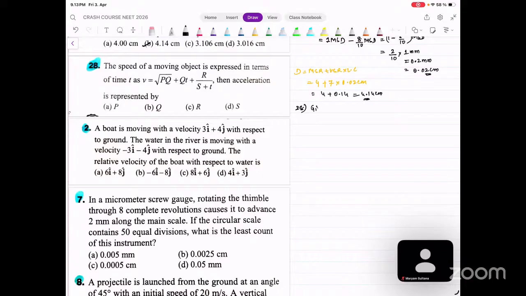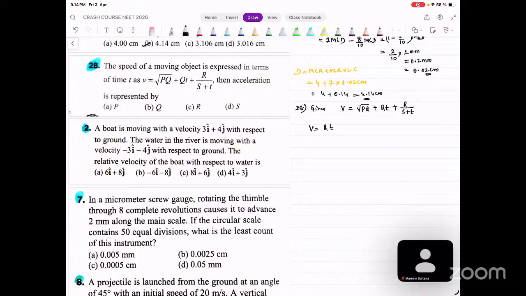So what is given in the problem is: the speed, that means the v value, is equal to under root of p plus q. This is also equal to q into t, and this is also equal to r divided by s plus t. That means the v value must be equal to q into t. Then acceleration is represented, he is asking, isn't it?